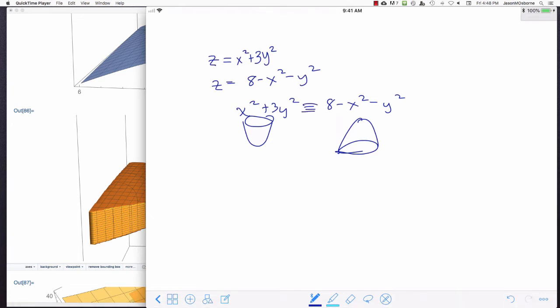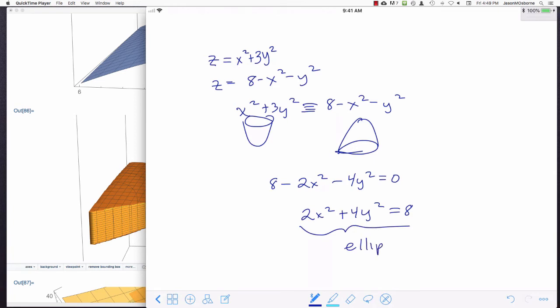And they intersect where 8 minus 2x squared minus 4y squared is equal to 0, otherwise known as 2x squared plus 4y squared is equal to 8, which is the equation of an ellipse.